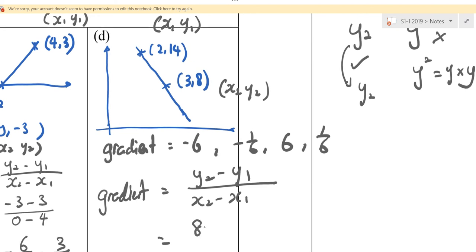What is the value of x2? 3. What is the value of x1? 2. Work your calculator, you get minus 6. Not 1 over 6. Understand? Is that okay? Same. If you got 6 over minus 1, you are correct. 6 divided by 1 is 6, so you just get negative 6.